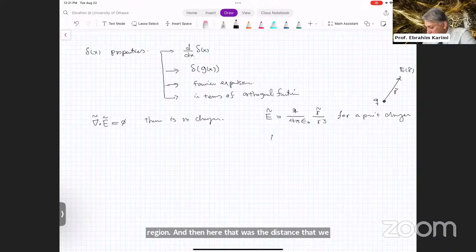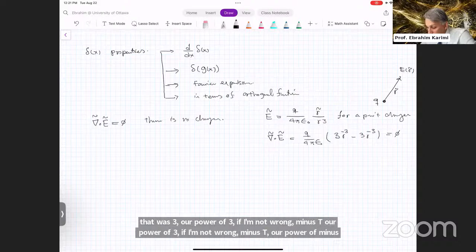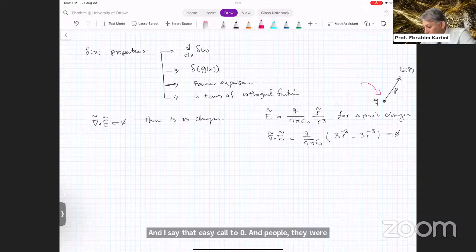For this specific example, I asked what is going on with the divergence of E, and we did the calculation. We got Q divided by 4 pi epsilon naught times, if I recall well, 3 R to the power of 3 minus 3 R to the power of 3, which is equal to 0. And people were asking me, well, I know there is a charge here, so why is the divergence of E equal to 0?